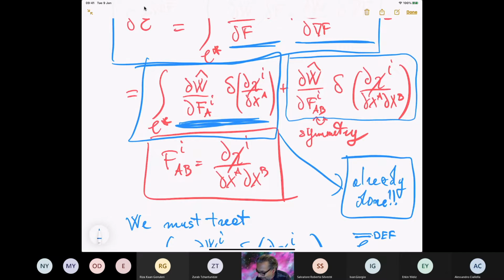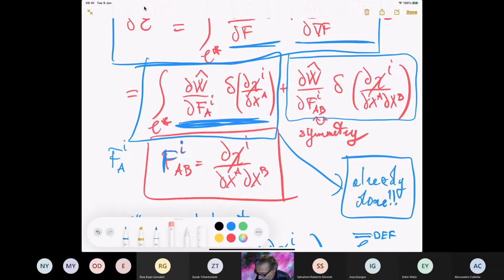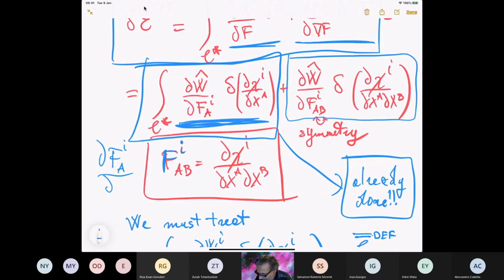Now, remark that F^i_{A,B}, or maybe let us be uniform, dF^i over dX^A dX^B, we can call it F^i_{AB} with AB two indices for which symmetry is valid. Why? Because obviously you have this equality by definition, and we know Schwarz theorem, so the order of derivatives is not important. Changing the order of derivatives, you get the same result. So this object here is symmetric with respect to any permutation of the A and B indices.